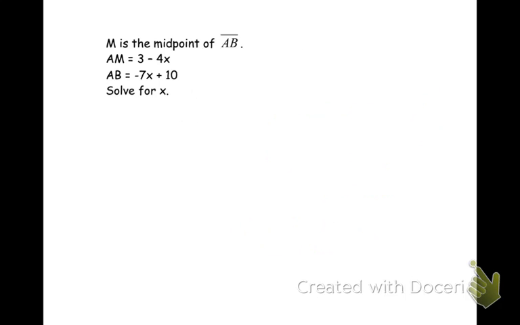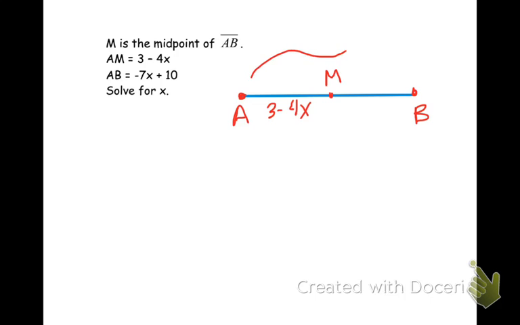Similar example, but now we know not just the distances of the two halves of the line segment. Endpoint A, endpoint B, midpoint M. AM is 3 minus 4x, but AB, the full distance here, is -7x plus 10.